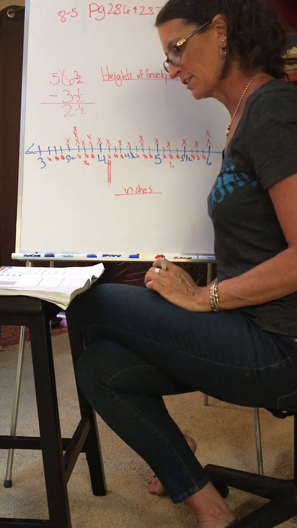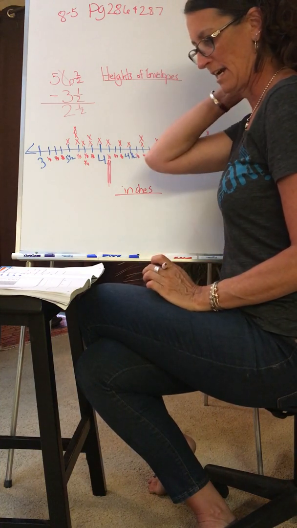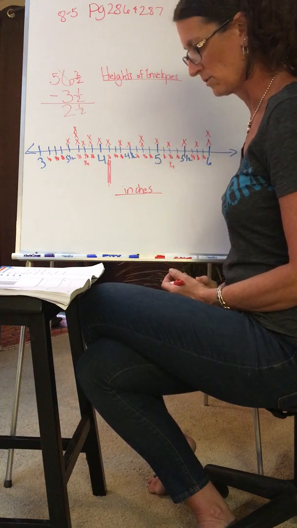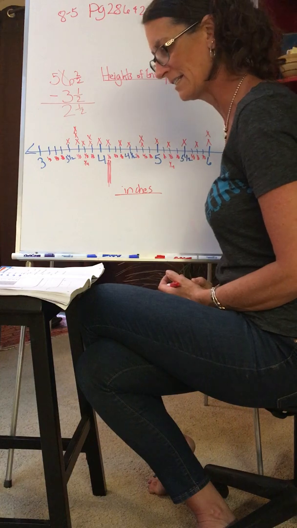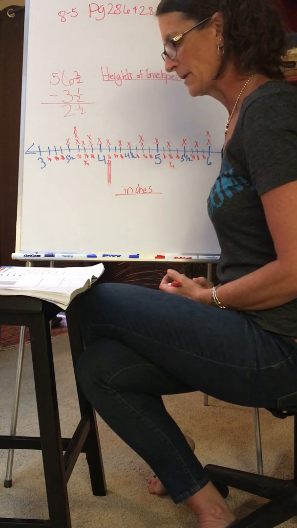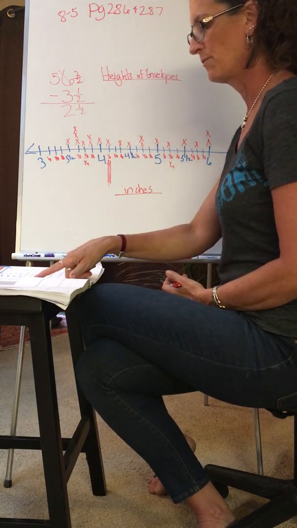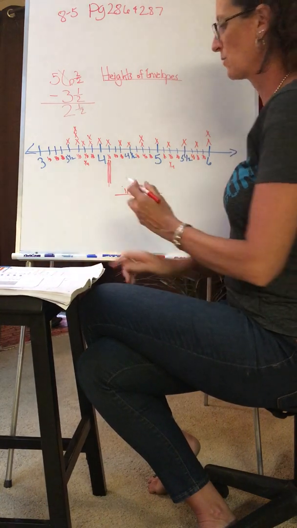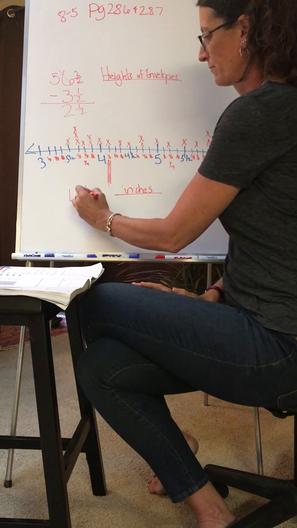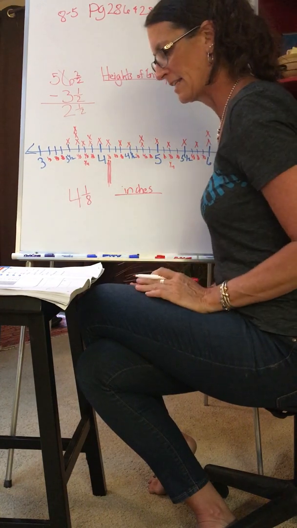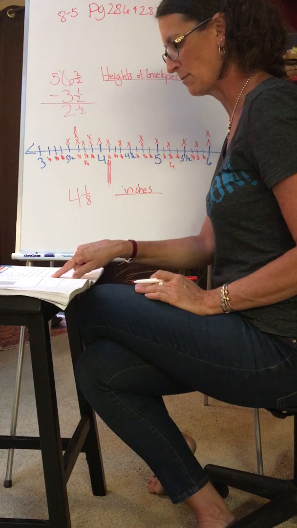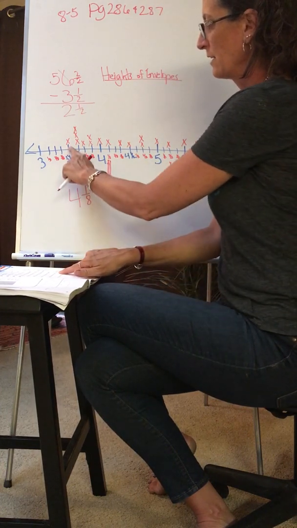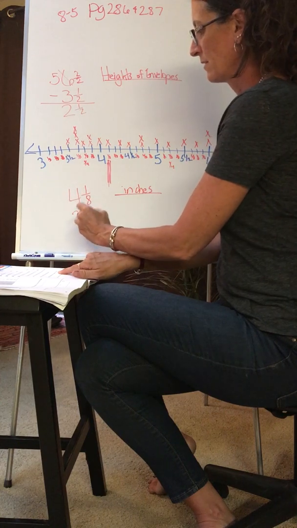How much larger is the height of the number 10 envelope than the smallest one sold? So what is the height of the number 10 envelope? Okay, we know that the height, by looking at the number 5 story, it says 4 1/8. And it says how much larger is the height of the number 10 than the smallest one sold. So 4 1/8, how much bigger is 4 1/8 compared to 3 1/2?